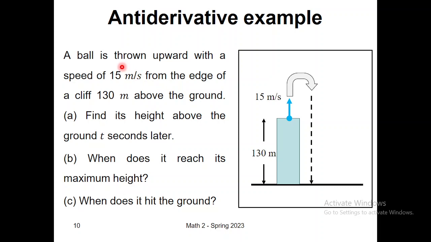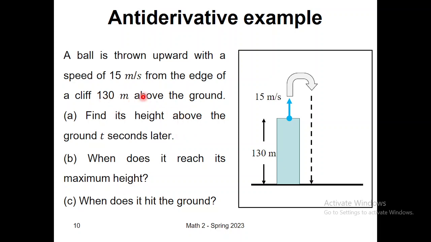For example, assume we have a ball thrown upward with this initial speed, starting from the edge of a cube, 130 meters above the ground. The ball is thrown, reaches some maximum height, and then drops down. The first question is: find its height as a function of time. Second, when does it reach its maximum height, after how many seconds? And after how many seconds does it hit the ground?